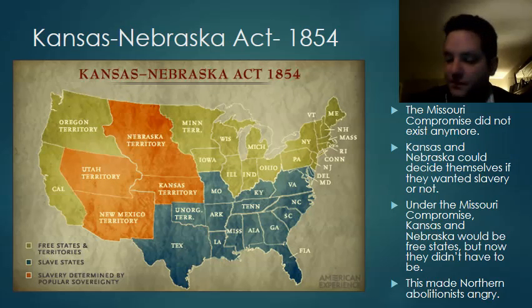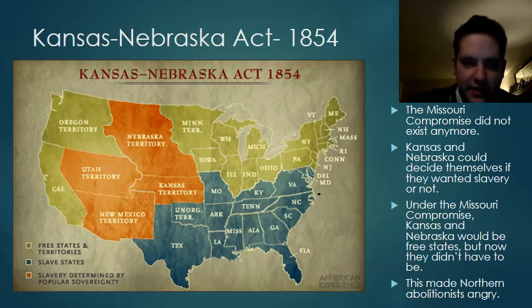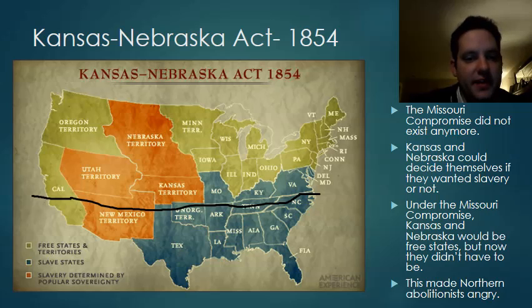Okay, now we're on to the third one down. It's the Kansas-Nebraska Act. So what I'm going to first do is remember that line from the Missouri Compromise that was right here that said anything north of here cannot be slave. Anything south, yeah, okay.